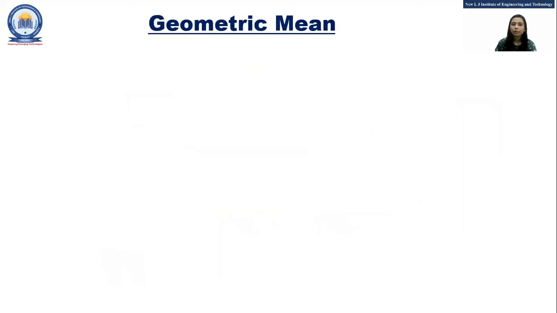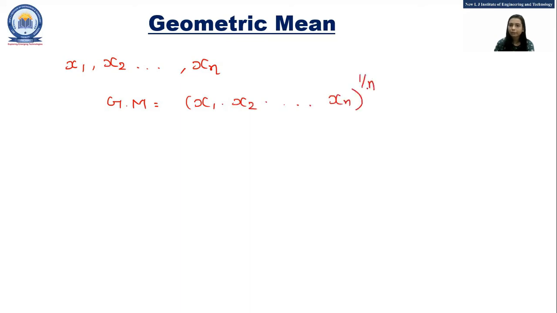Now moving to the next topic, that is the geometric mean. We have already discussed what the geometric mean is. Now let's discuss the geometric mean for individual observations. If you are given individual observations x1, x2 up to xn, the geometric mean is equal to x1 into x2 up to xn whole raised to 1 by n, where small n is the number of observations.